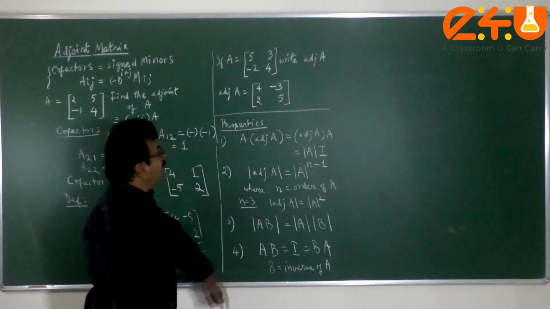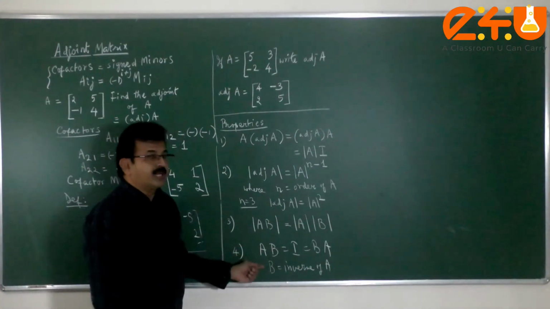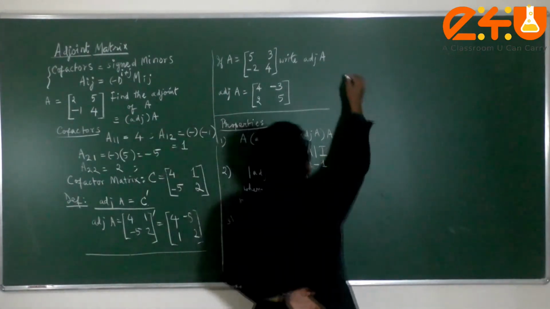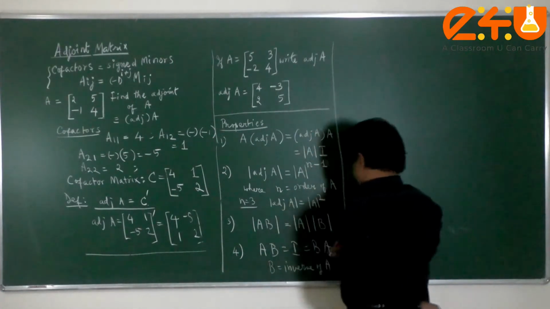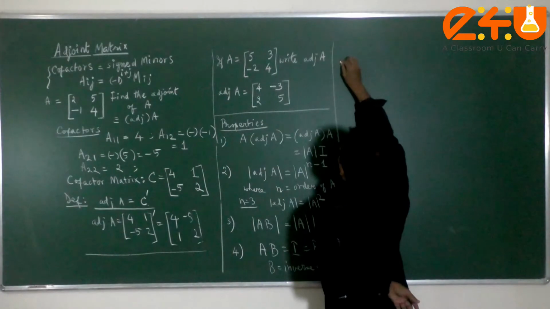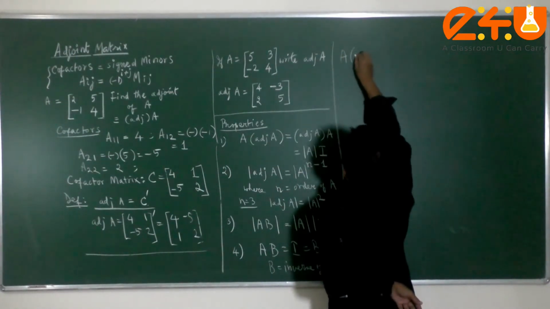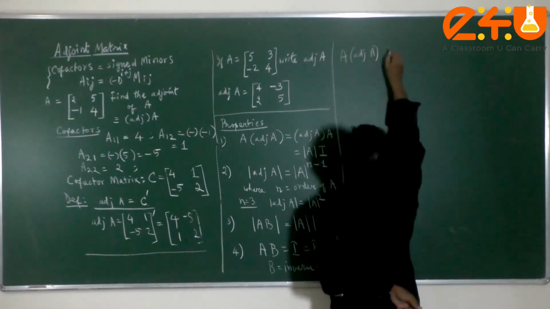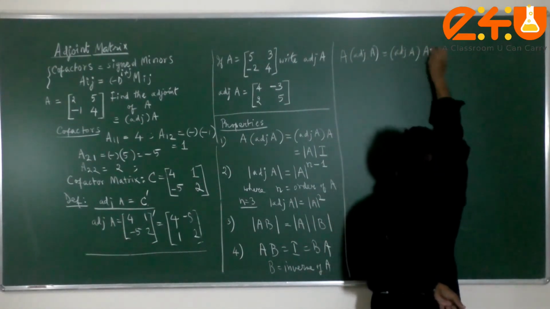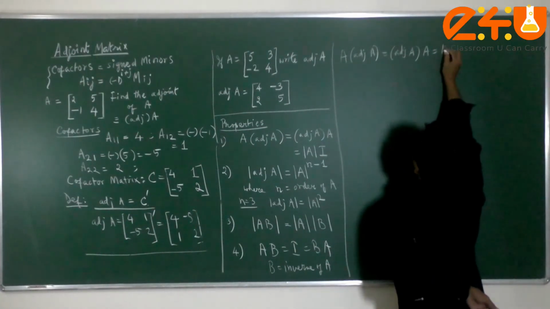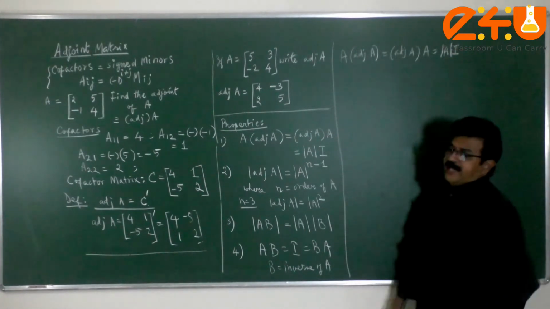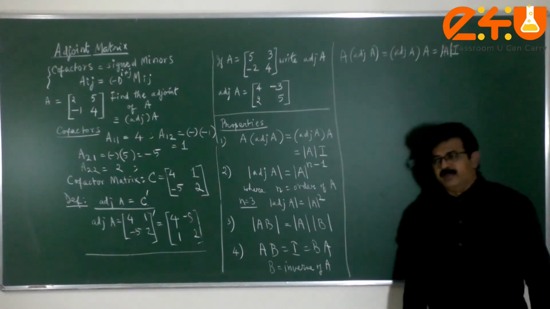Well, we already have a similar expression in property 1. Shall we repeat that? What is that? A times adjoint A is the same as adjoint A times A, and it is determinant A times the I matrix.